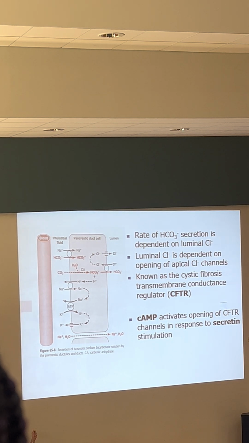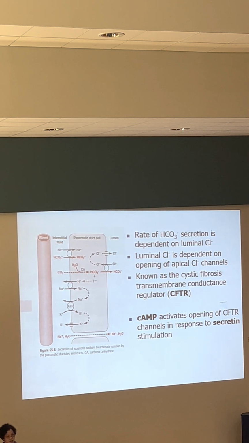But pay attention to that cystic fibrosis transmembrane regulator chloride channel, because that is ultimately important for the function of the pancreatic gland in terms of its exocrine secretions. Cystic fibrosis is a problem. Okay?